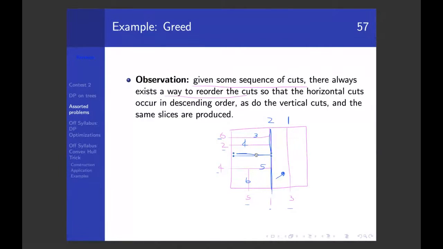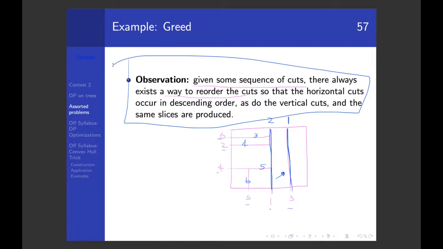Which means any future slice here is not going to be impacted by any future slices here, which means that instead of doing this slice and then later doing this slice, we could do this slice immediately before doing this slice, do the bigger one first, and produce the same output. And that's essentially the proof of this observation. This is a key observation. So if you don't understand it or you have any questions, let me know.